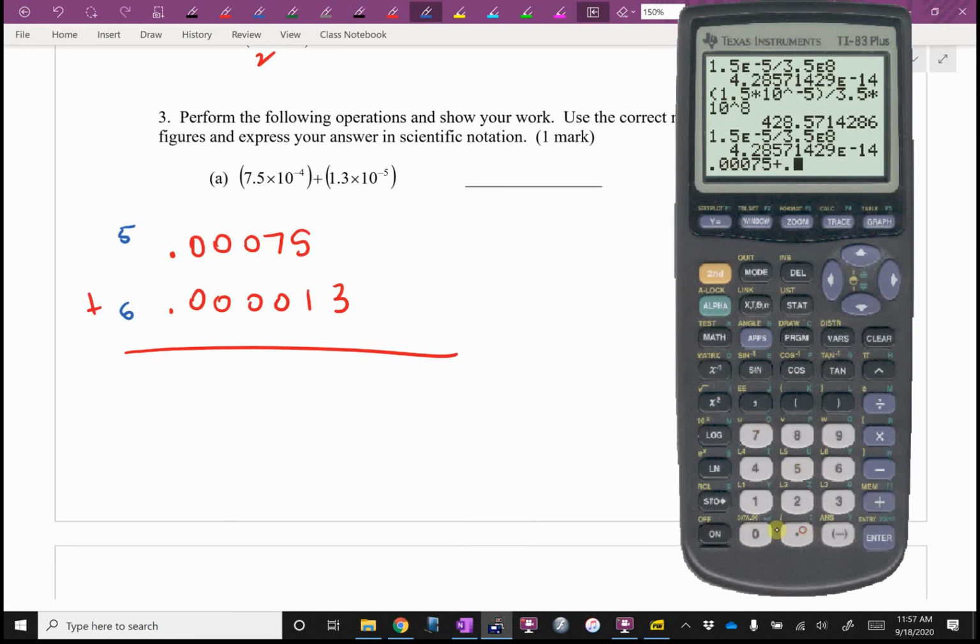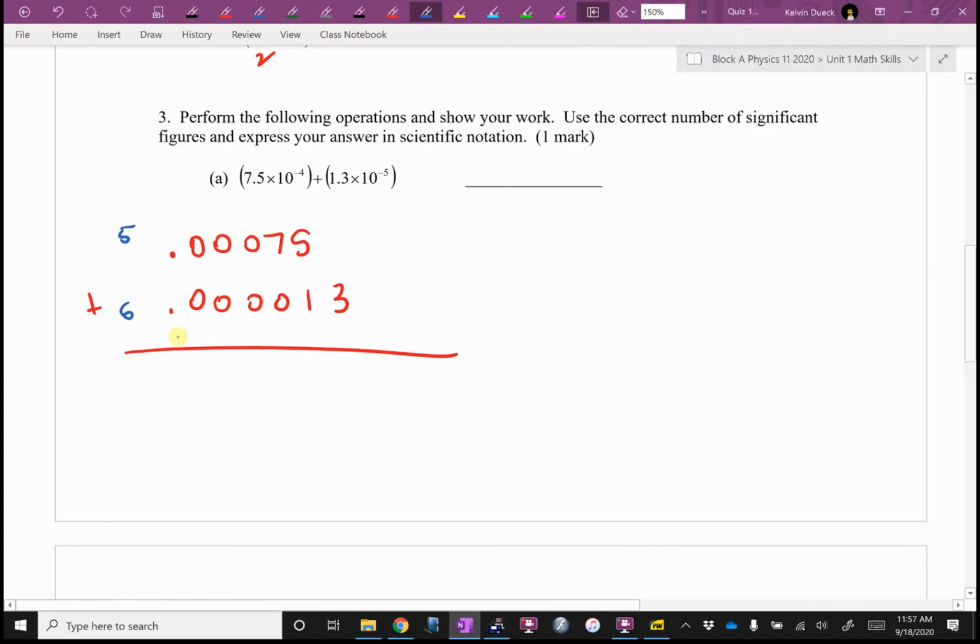So I'm going to go 0.00075 plus 0.00013. I got an answer in scientific notation, but that doesn't help me yet. I'm going to write it out standard form. So 7.63 times 10 to the negative 4 is going to be 0.000763. How many decimal places am I going to go to? Is that 6 going to stay a 6 or become a 7?